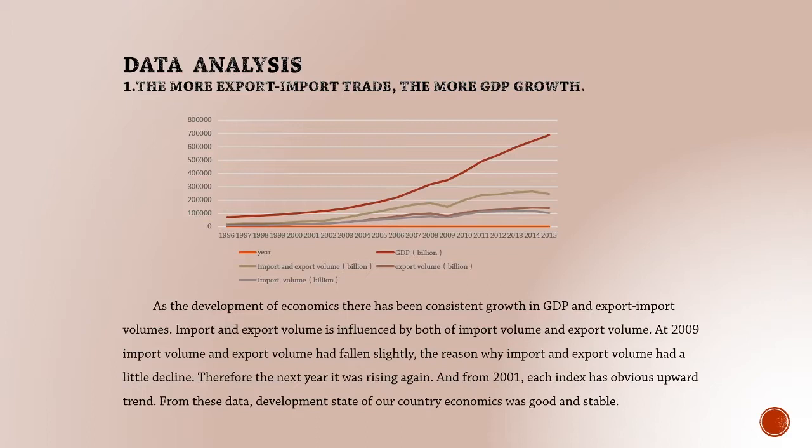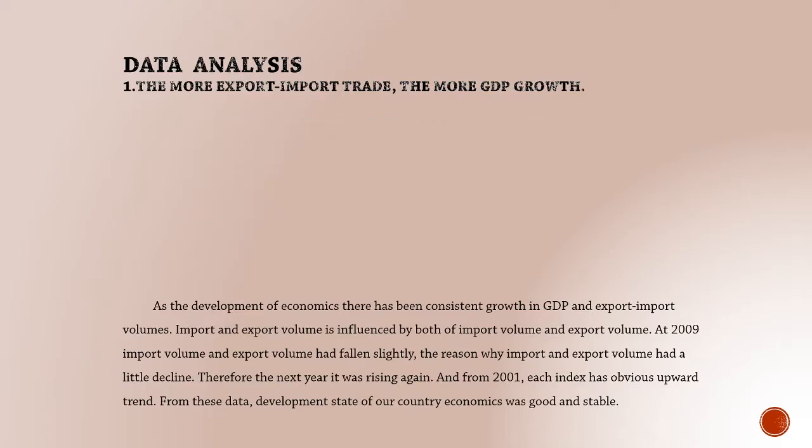The reason why import and export volume had a little decline. Therefore, the next year it was rising again, and from 2001, each index has an obvious upward trend. From this data, the development state of our country's economy was good and stable.